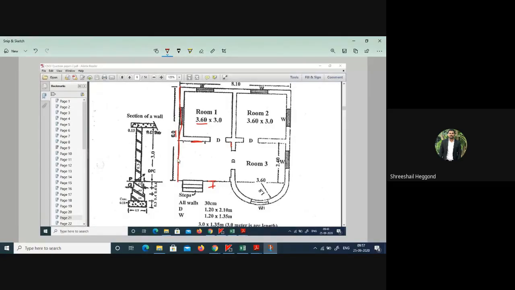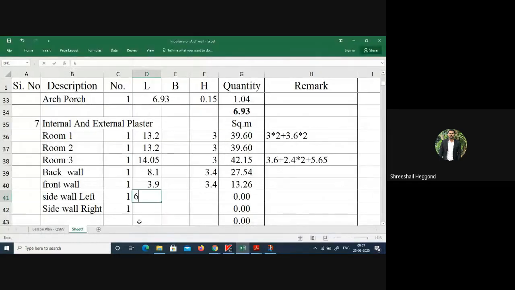Why? Because this side below plinth level will be there, and this side above plinth level will be there. This wall will be above plinth level, and this wall will be below plinth level. This will be same as this one. Only total length you can consider, that will be 6 meter. That is 6 meter directly given, and height is 3.4.